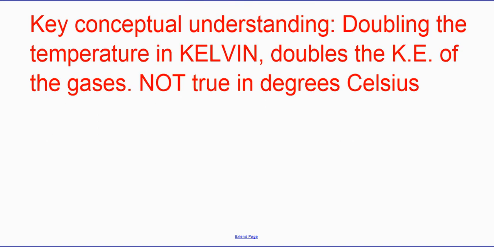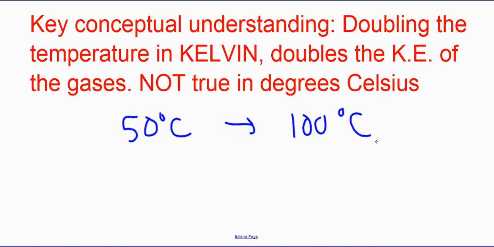If you have, let's say, something that is 50 degrees Celsius, and say you double it to 100 degrees Celsius. If we add 273 to both of those, this is really 323 Kelvin, and then this would be 373 Kelvin.